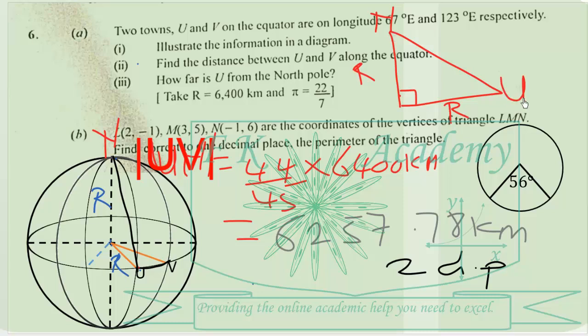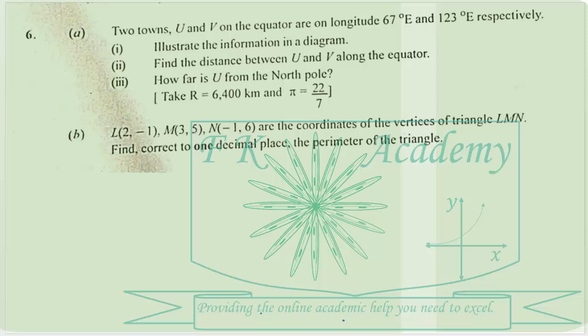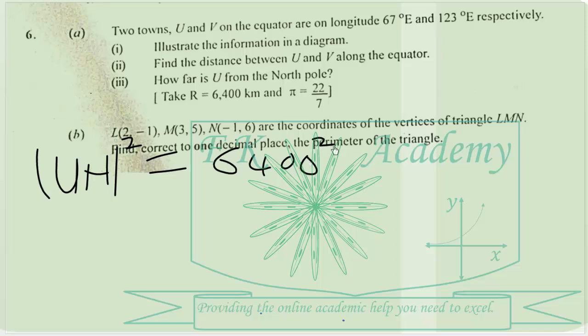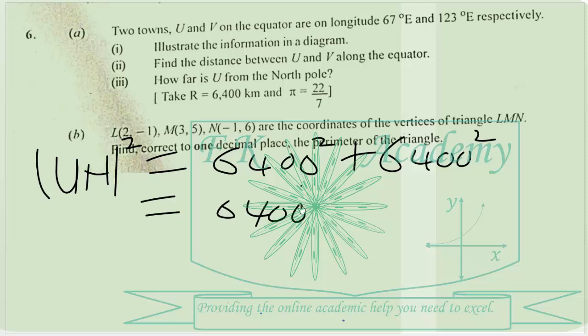So we can use Pythagoras theorem to find UN, the distance from U to the North Pole. From the Pythagoras theorem, we know that UN squared will be equal to r squared, which is 6,400 squared, plus 6,400 squared. That will give us 6,400 squared times 2.